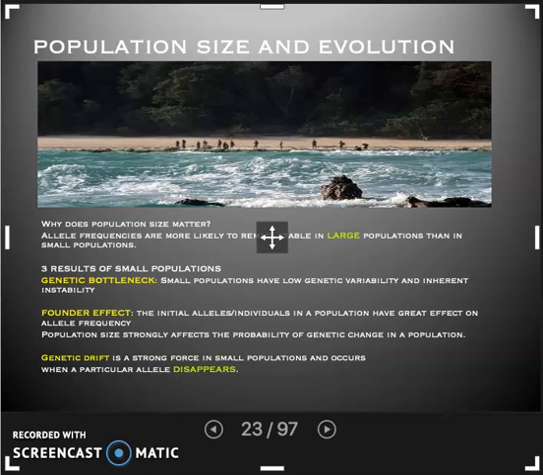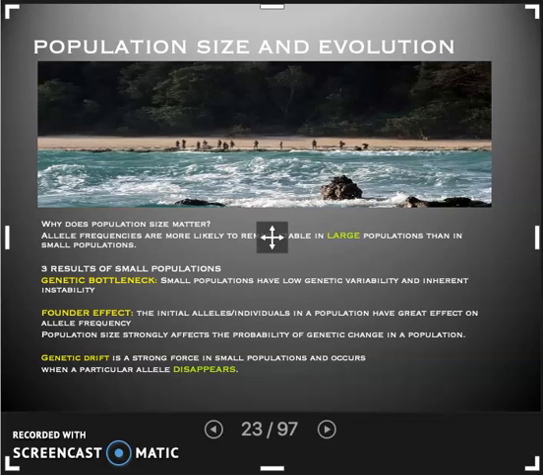We're not sure exactly what the environmental causes of that were, but it looks like the number went down to a very, very small number, maybe as low as 10,000 individuals on the planet. And that's what we call a genetic bottleneck.